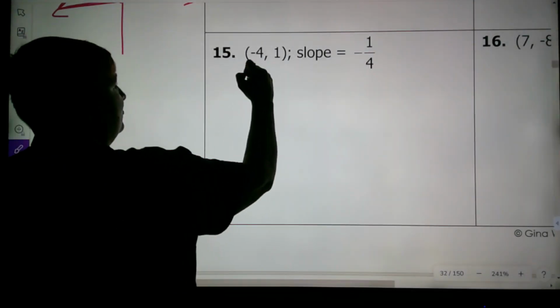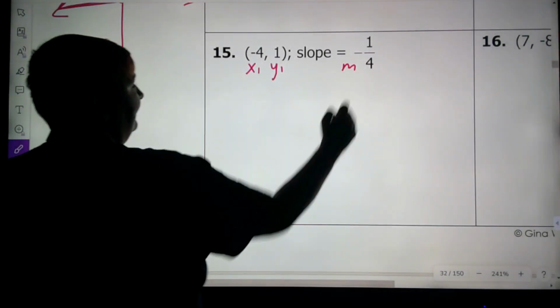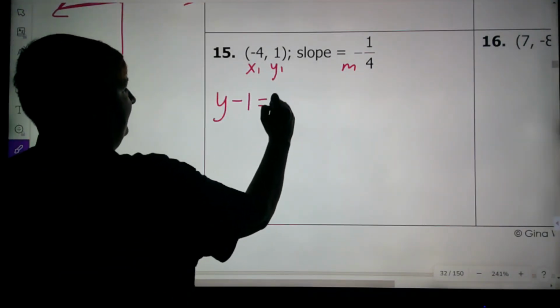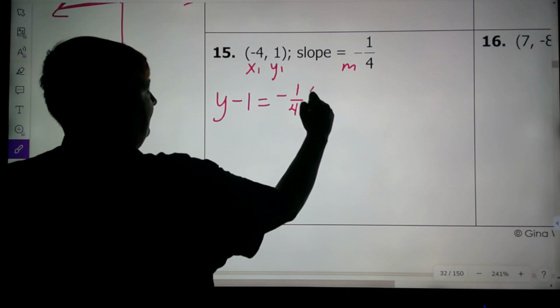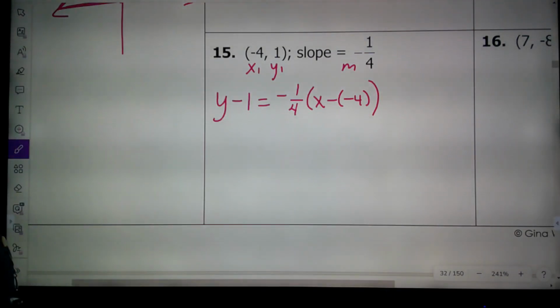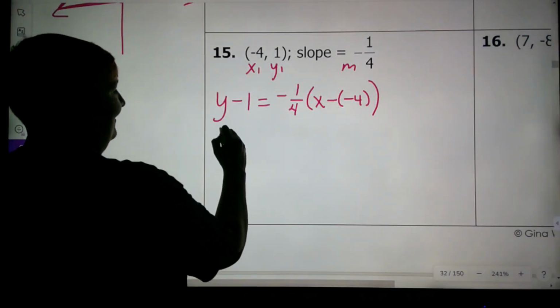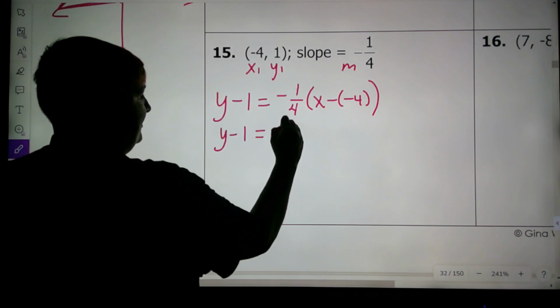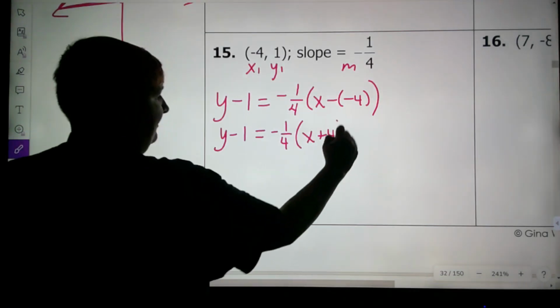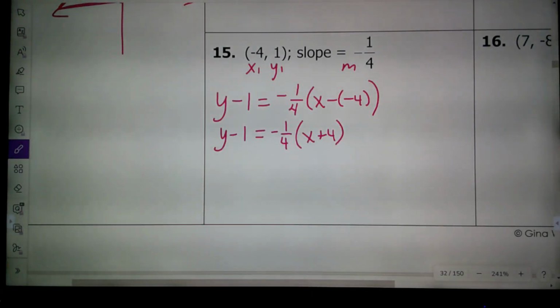x1, y1, m. y minus y1 equals m times x minus x1. y minus 1 equals negative 1 over 4 x plus 4. Technically I could have skipped a step, but you're not ready for that.